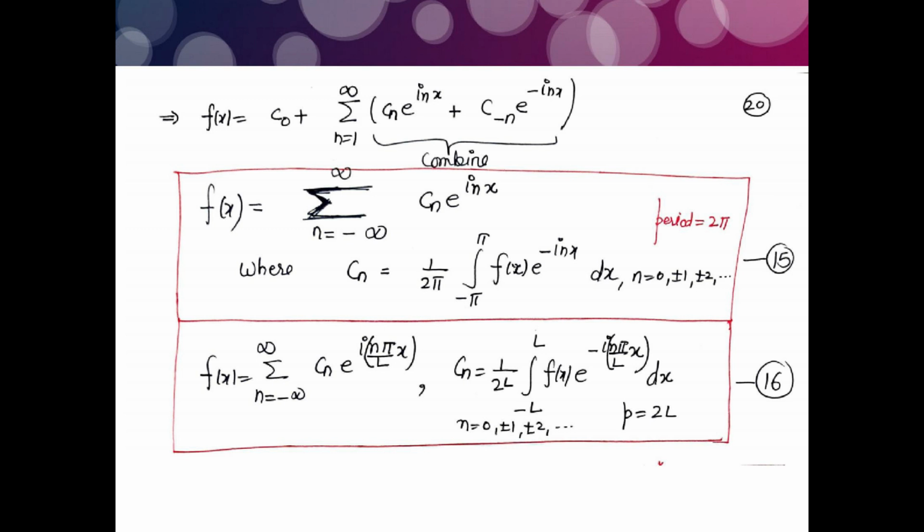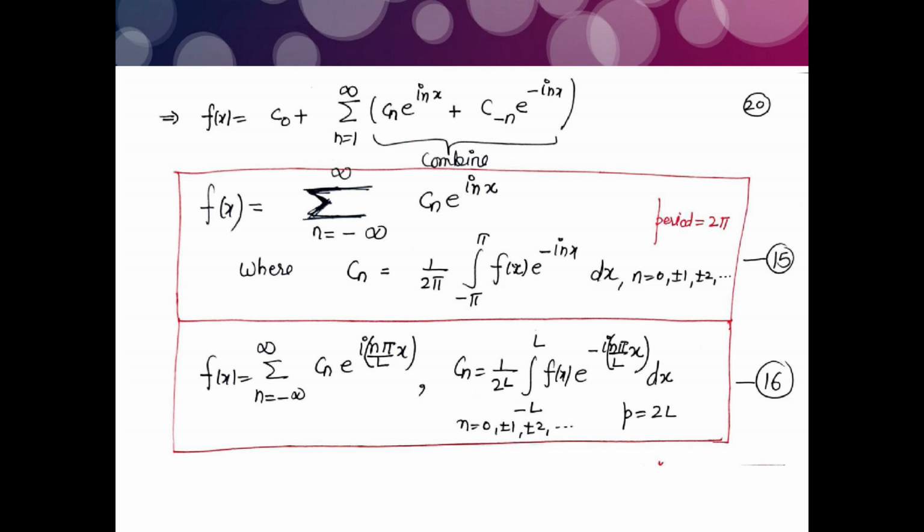In this one, f of x is equal to summation over n from minus infinity to plus infinity of cn e raised to power iota nx, where cn is given by 1 upon 2 pi, integral from minus pi to pi of f of x e raised to power minus iota nx dx, and n is taking values 0, plus minus 1, plus minus 2 and so on.